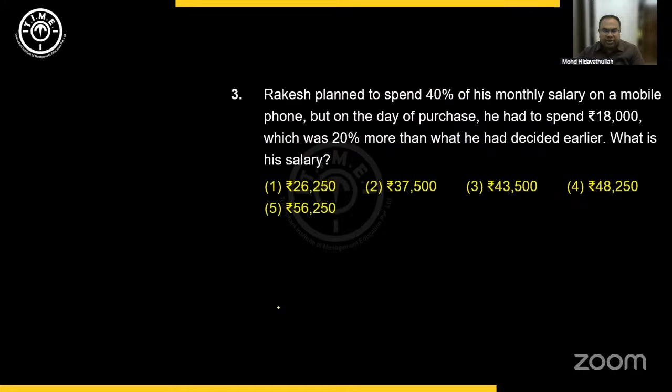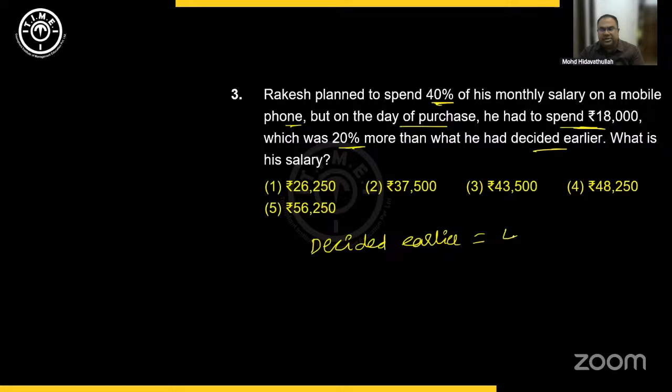Look at this question. Rakesh planned to spend 40% of his monthly salary on a mobile phone, but on the day of purchase, he spent 18,000, which was 20% more than what he had decided earlier. What was decided earlier? I would like to spend 40%.